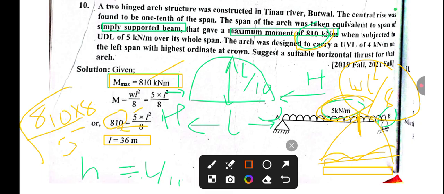So in this way we can calculate the value of L, that is 36 meter. And now in the question it is already said that the height of the arch is 1/10 of the span. The center rise is how much? 1/10. It means this height will be L upon 10, so 36 upon 10 means how much? 3.6 meter.